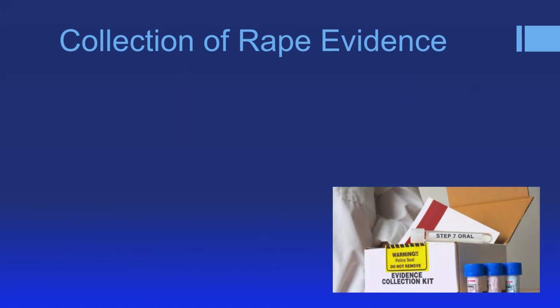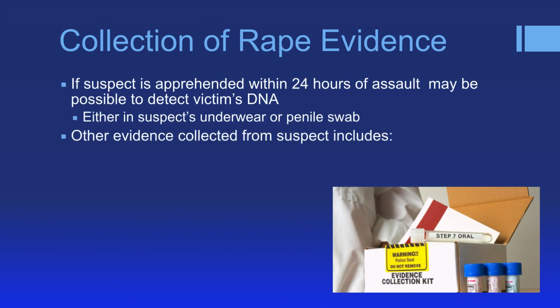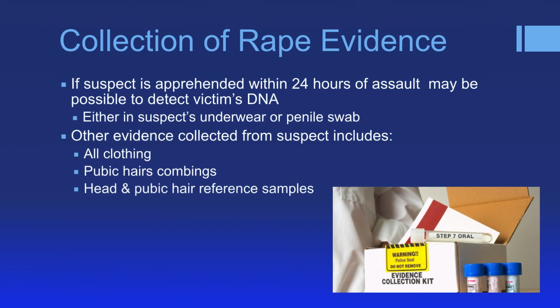Once a suspect is apprehended, hopefully within 24 hours of the assault, it may be possible to detect the victim's DNA on the suspect, either in the underwear or on the penis itself through a penile swab.